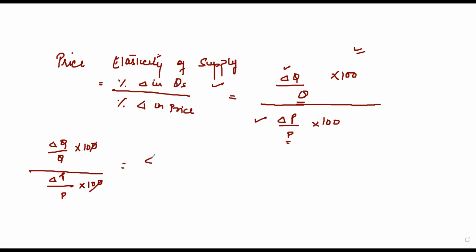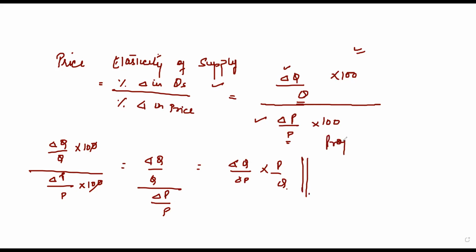So it becomes delta Q upon Q upon delta P upon P. If I simplify it, it's going to become delta Q by delta P into P upon Q. So this is also one way of solving, and this is known as your proportionate method of calculating elasticity of supply. You can note down this formula, delta Q upon delta P into P by Q.